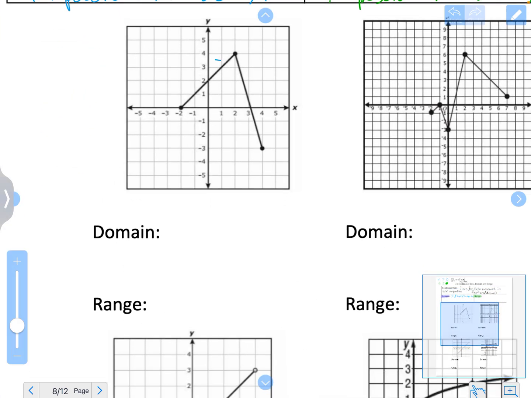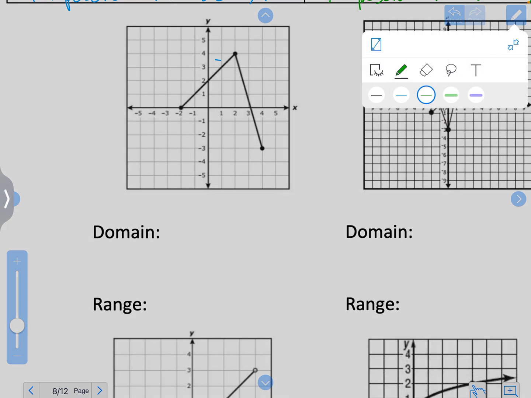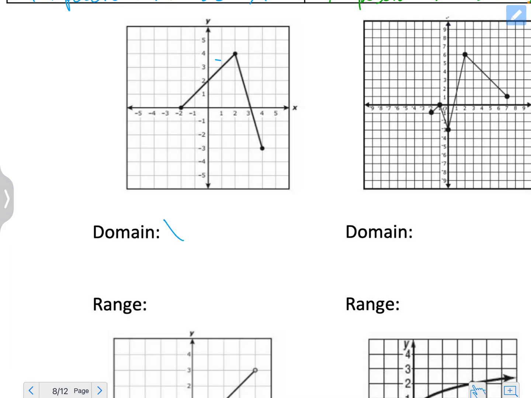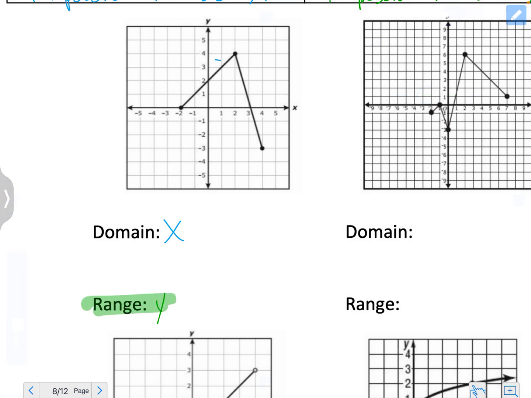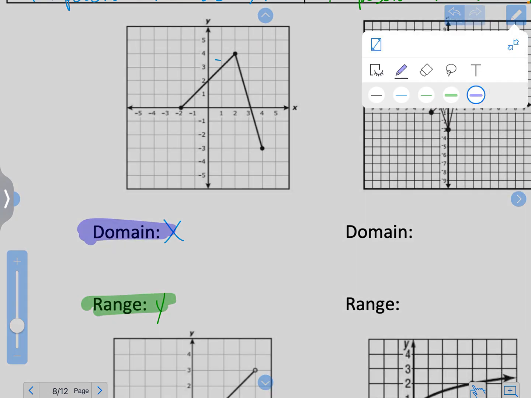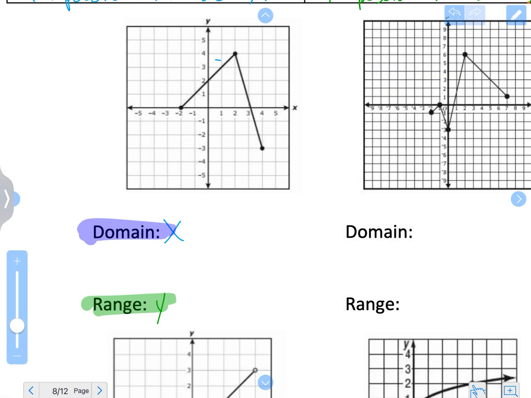So with lines, we do things a little bit differently than we did with data like dots and tables and things like this. So we're going to write our domain and range as inequalities. I'm going to explain what that means here in a second. But what we're looking for is the furthest left and the furthest right that this graph goes.